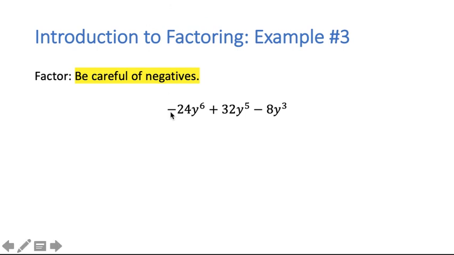Now, if you'd like, pause the screencast and see if you can figure out what the GCF is. Look at the numbers 24, 32, and 8. Find the greatest common factor among the numbers, and then find the greatest common factor among the variable terms. Pause the video if you'd like.